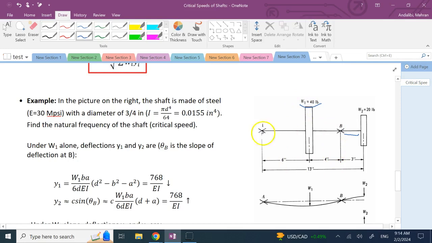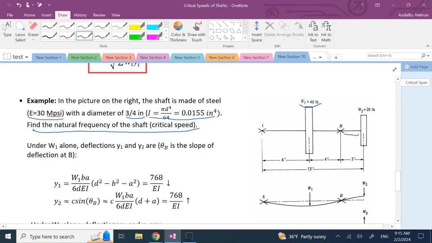The shaft is made of steel with a Young modulus of 30 mega psi, diameter of 3/4 of an inch, which makes your polar moment of inertia 0.155 inch to the 4. You want to find the natural frequency of the shaft for this configuration.